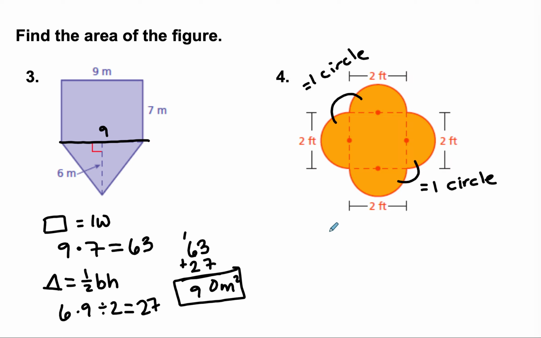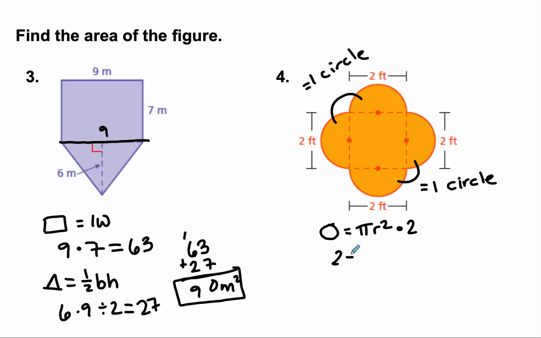Okay. So for our formula for the circles, we have pi times radius squared, and then we're going to take it times 2 because we have 2 of them. These two make 1 circle, these two make 1 circle. All of them have a diameter of 2.